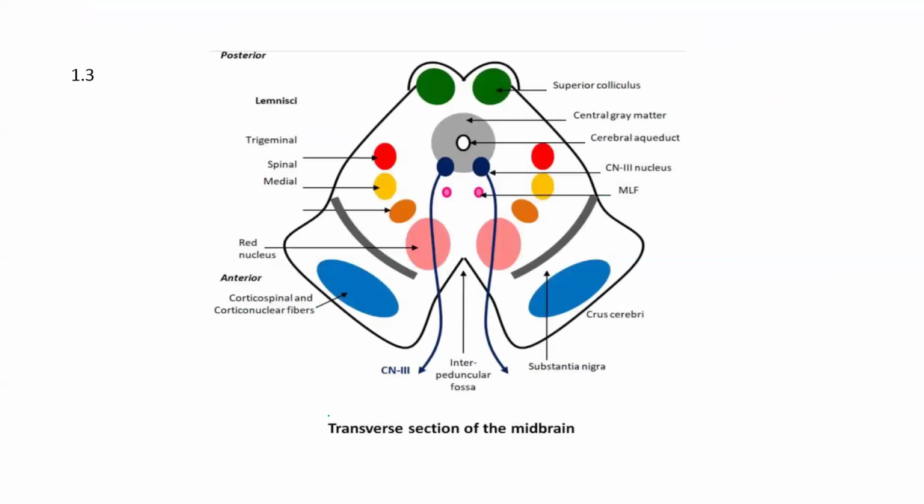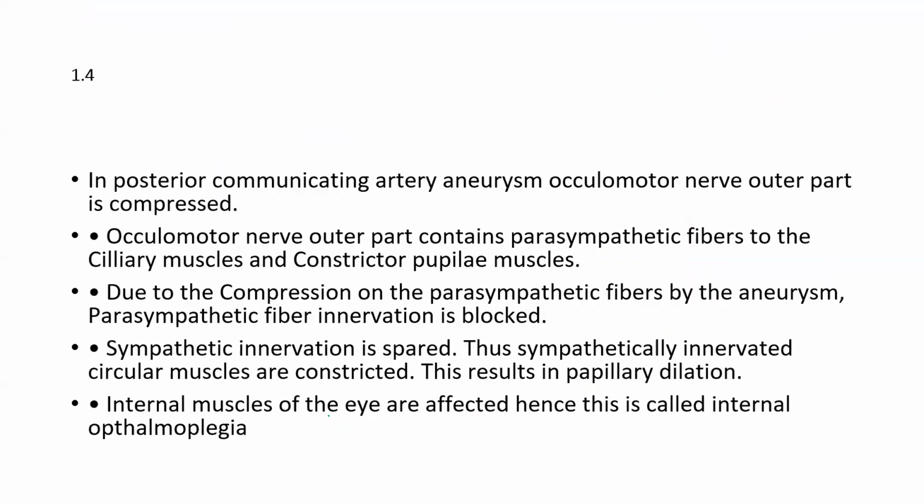So here, in posterior communicating artery aneurysms, the oculomotor nerve outer part is compressed. The oculomotor nerve outer part contains parasympathetic fibers to the ciliary muscles and constrictor pupillae muscles.